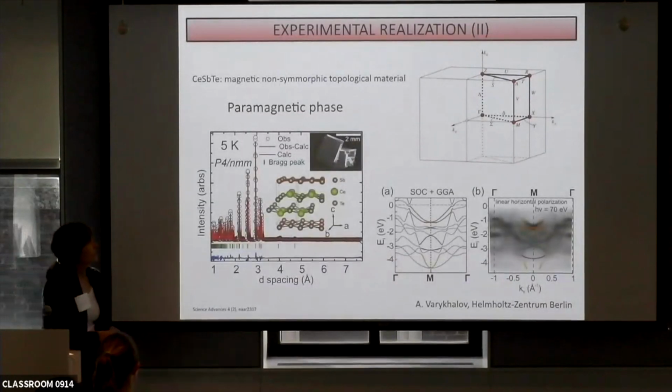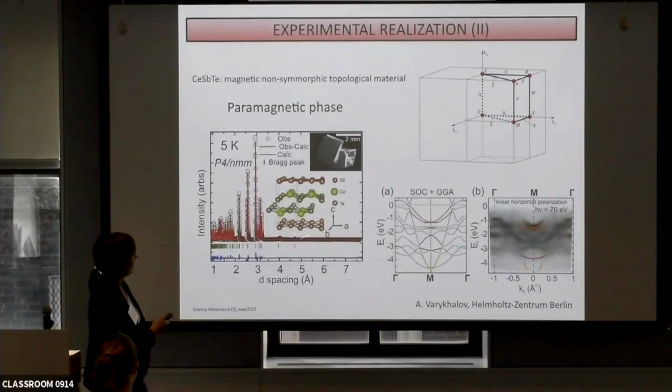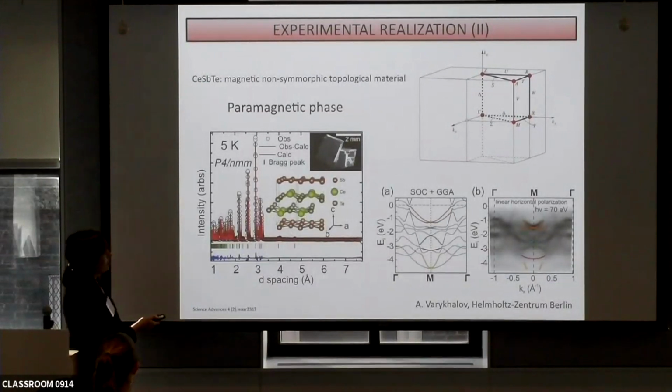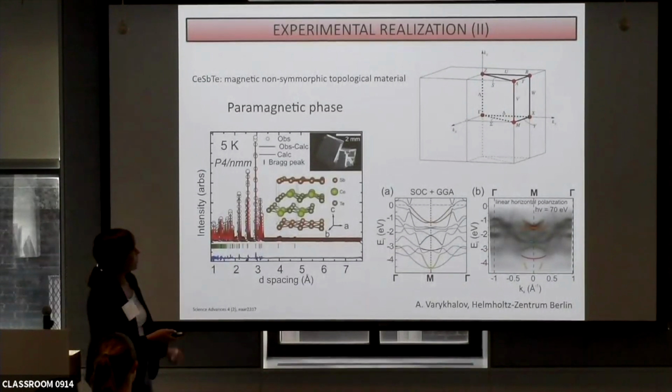The second experimental realization was in a non-symmorphic topological material of the family of the square net compounds that Leslie likes very much. And we have cerium, and cerium is a rare earth, and it has f electrons, and this can be something very complicated with DFT.